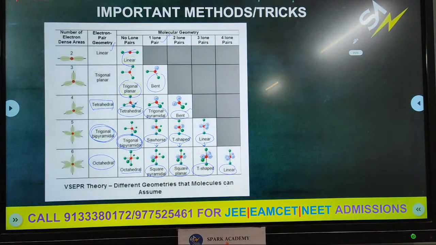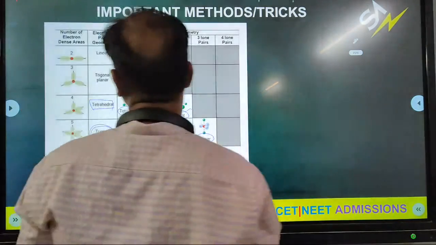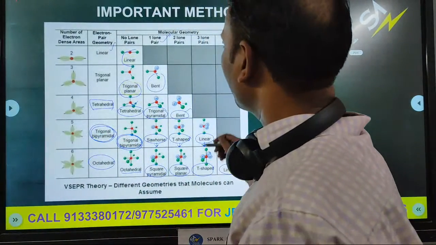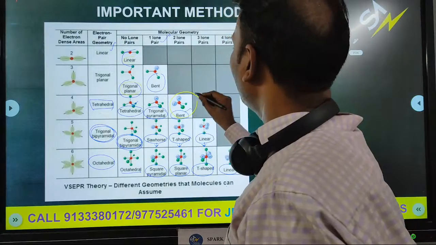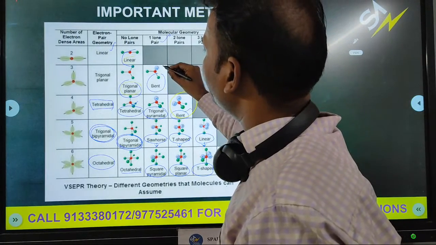And this chart is very useful for us. According to this chart we can confirm the structure of a molecule, because this chart explains the original geometry and how the geometry changes due to the number of lone pairs. See for example here, H2O, and this bent shape one.